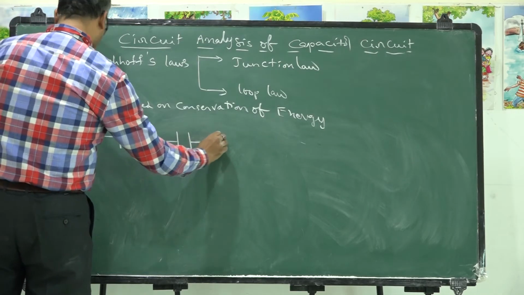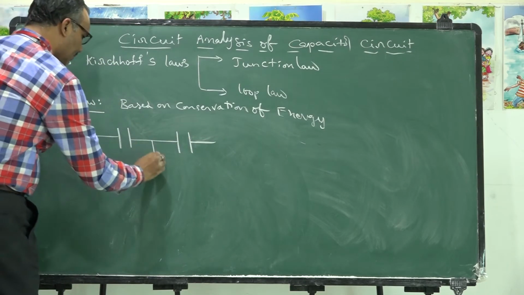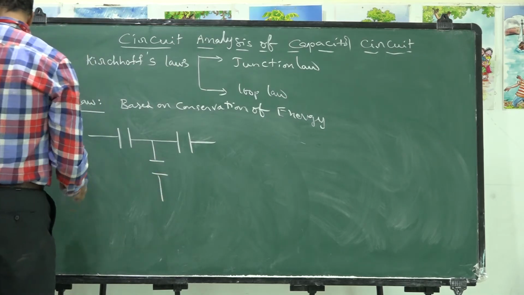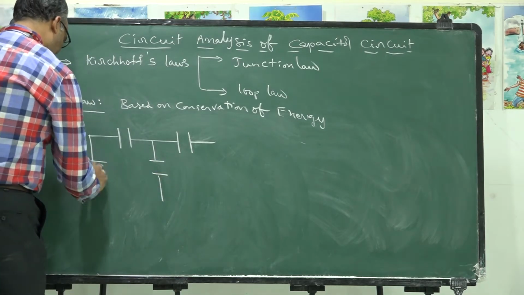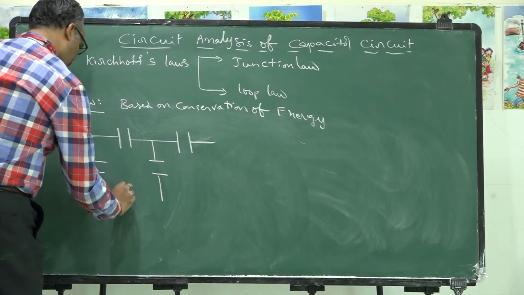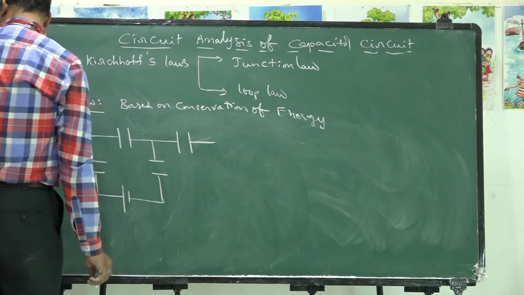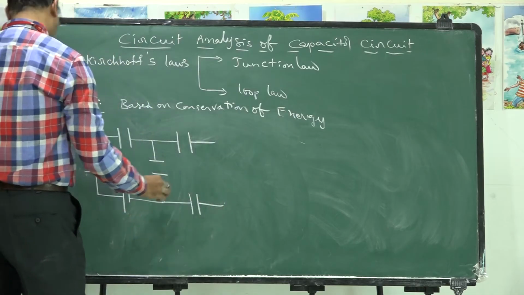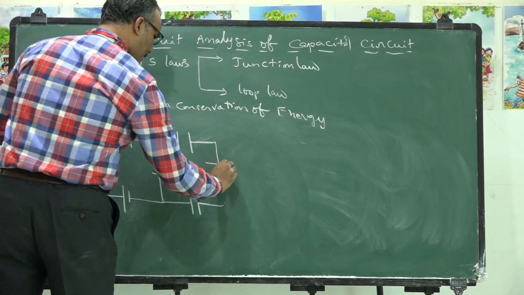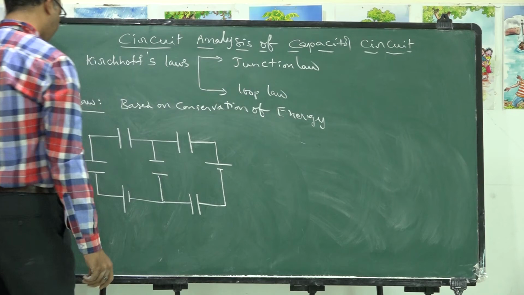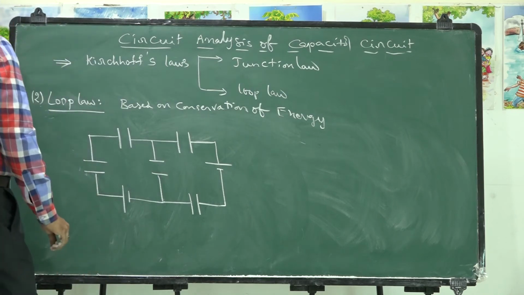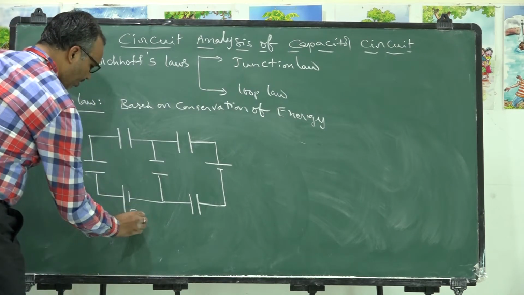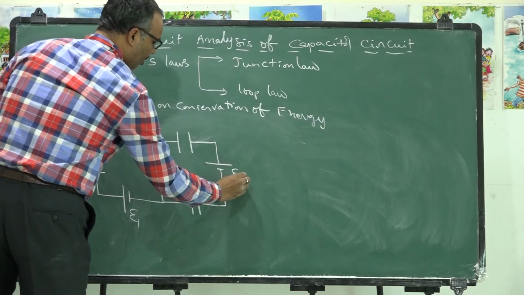A combination of capacitors is like this. Here is a source of EMF E1, here is a source of EMF E2.